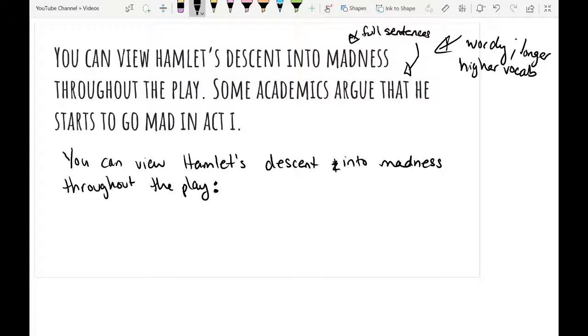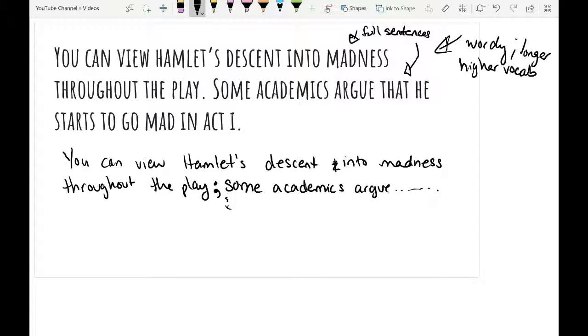And you said the semicolon goes here. You are correct. Remember, this is not a capital. That's going to be staying lowercase. Academics argue, period. Okay. That's how it looks.